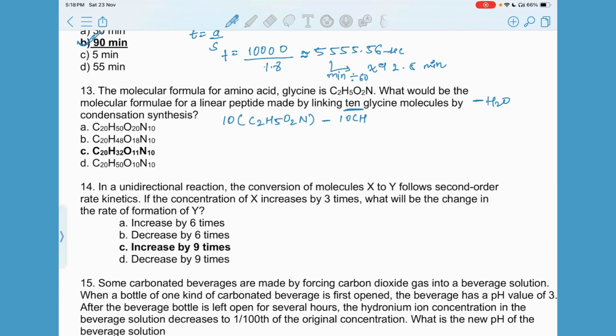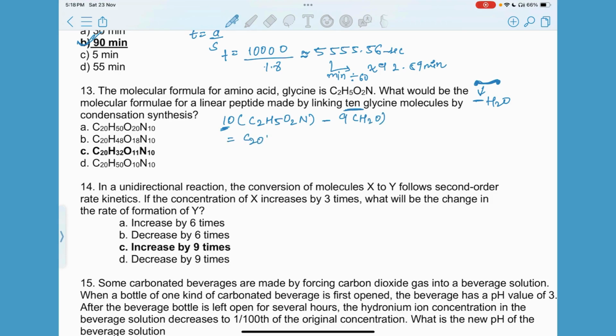I'm sorry, for linking two molecules, during condensation there will be a loss of 1. So for 10, there will be a loss of 9 water molecules. Solve this.